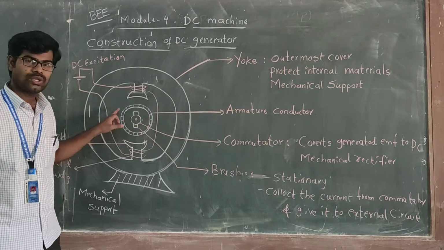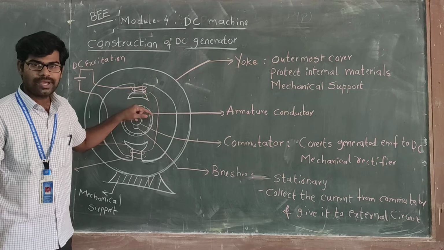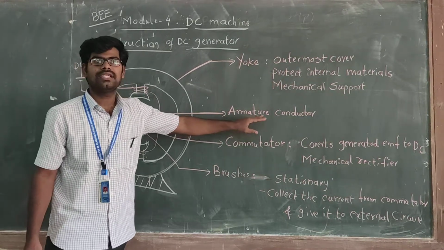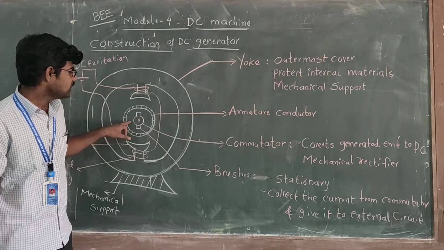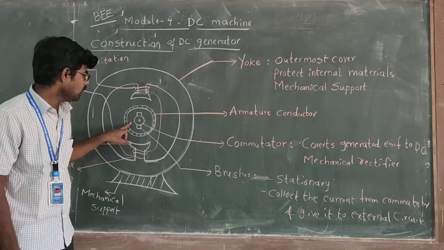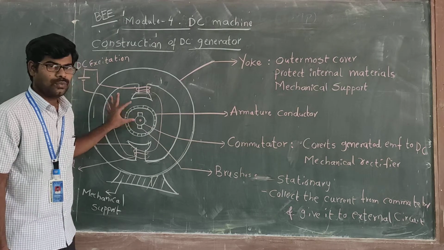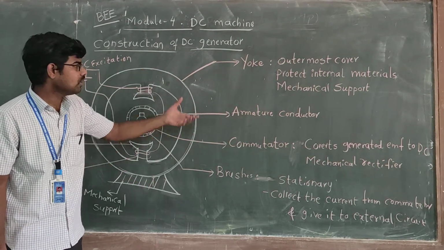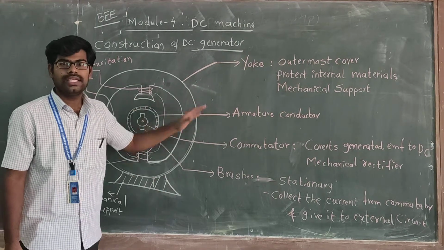We have the armature core with slots, and in those slots the conductors are placed. That's why they are called armature conductors. Inside we have the commutator and brushes. We shall study the function of each part one by one.